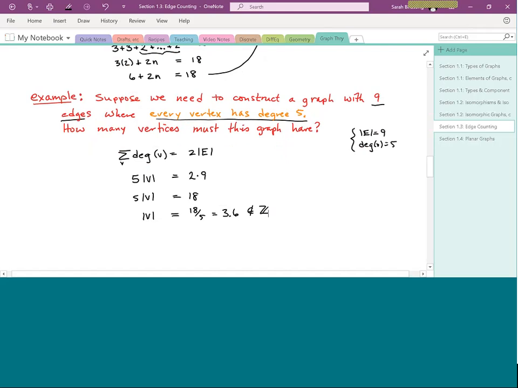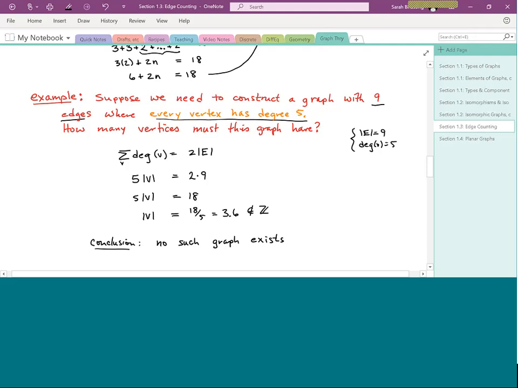Yes. So the conclusion here is no graph that has exactly 9 edges and every vertex with degree 5 could ever exist. So here's our conclusion. No such graph, which simply means no graph with those conditions or features can exist.